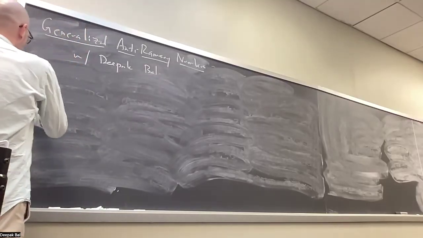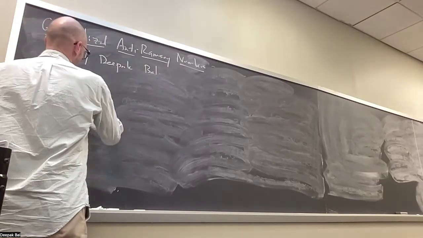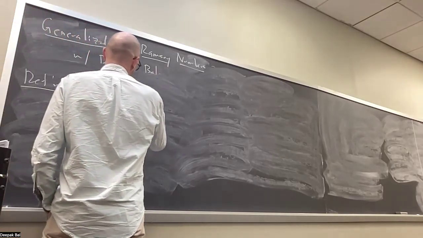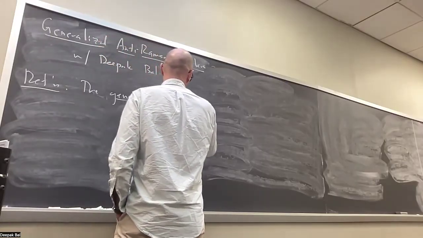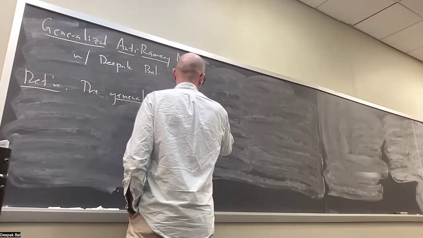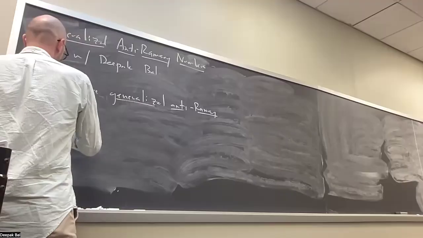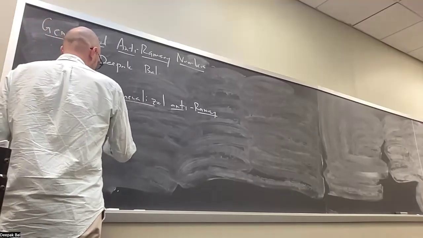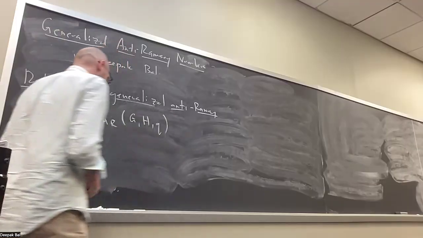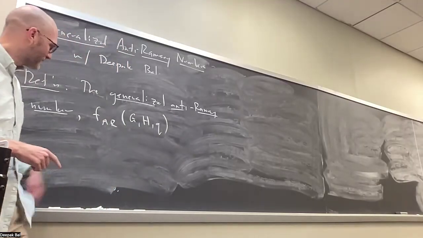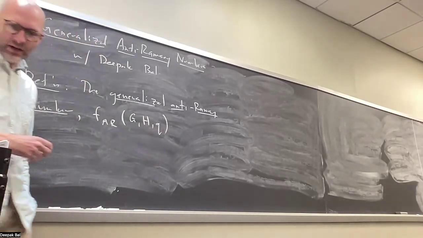So let's start off with the definition. Generalized anti-Ramsey number. I'm not sure we've settled on the best notation quite yet, but for now, something like AR for anti-Ramsey, where G and H are graphs, and Q is a positive integer.